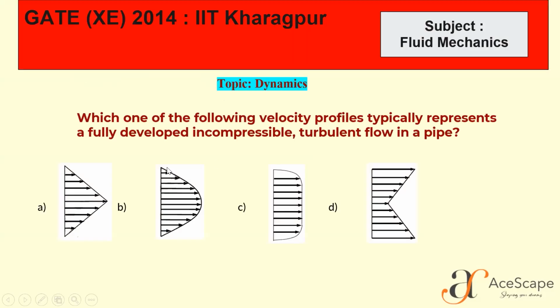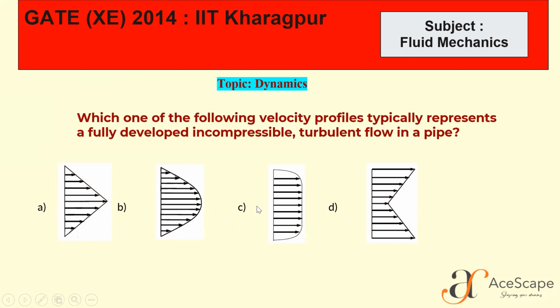The turbulent one is a little bit flatter than the laminar, so the profile for turbulent will be this, C.